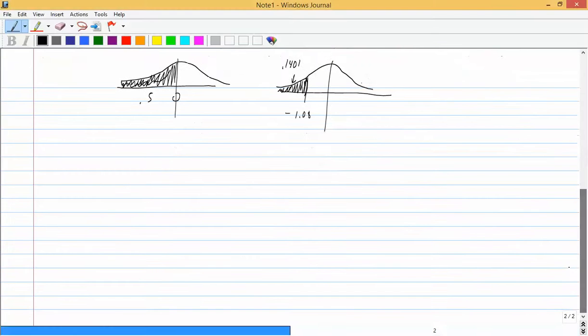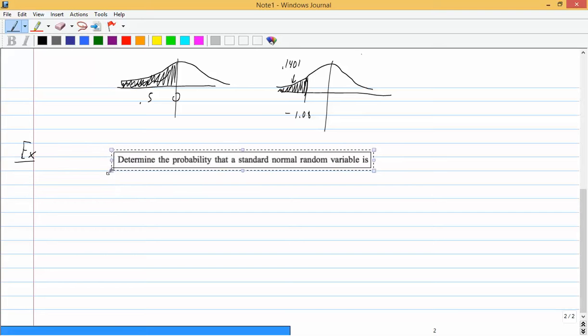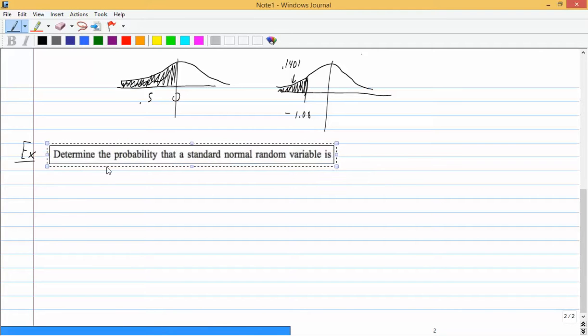Alright, so you may want to write this problem down because I'm going to kind of make these up, so we can understand a little bit better, or we can get a little more practice working under the curve.